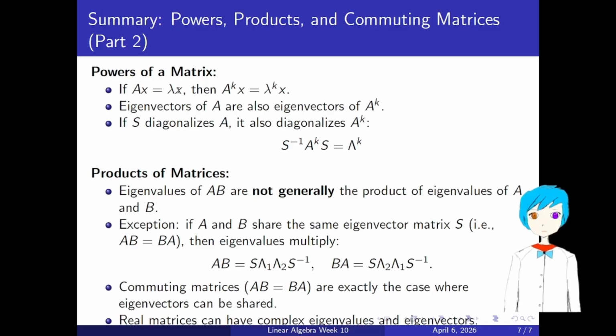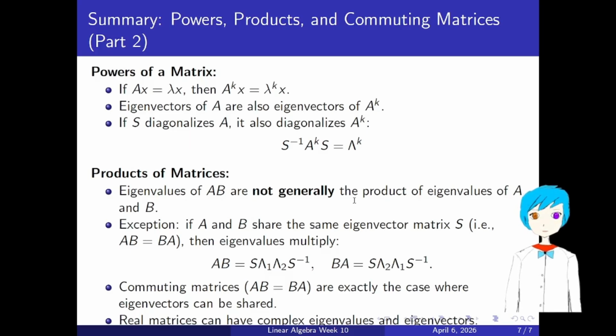Specifically, if lambda is an eigenvalue, then lambda to the k is an eigenvalue for A^k, and x is also an eigenvector for the power matrix A^k. If S diagonalizes A, it also diagonalizes the power matrix A^k. For adding or multiplying two general matrices A and B, eigenvalues of AB are not generally the product of eigenvalues of A and B. There is only one exception.